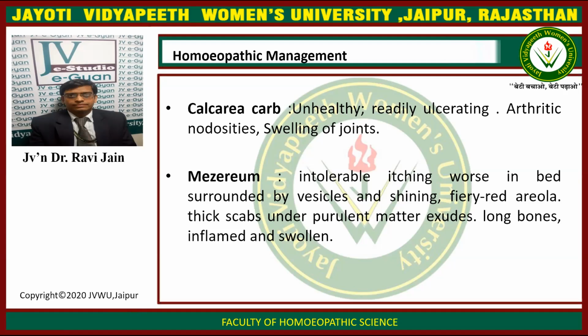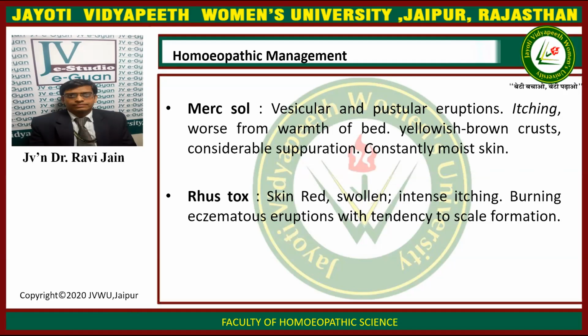There are thick scabs under which purulent matter exudes. There are long bones, inflamed and swollen. Next, we have Merc sol. Merc sol has vesicular and pustular eruptions with itching worse from the warmth of bed. There is yellowish brownish crust with considerable suppuration, constantly moist skin.